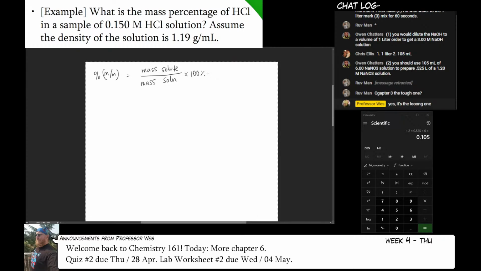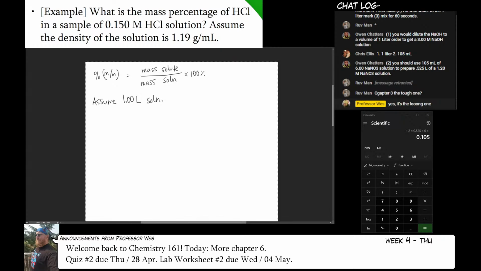So what we need is the mass of the solute and the mass of the solution. In order to get the masses of these, I need to pick some amount. I can pick any amount, so I'm going to pick a really simple amount: 1 liter.